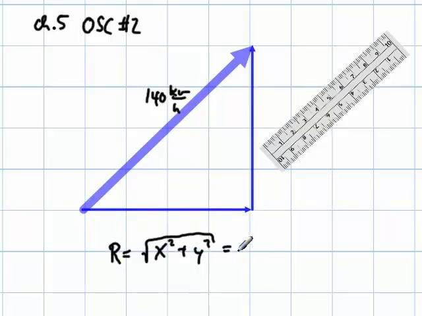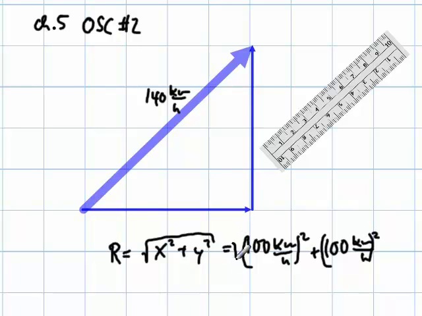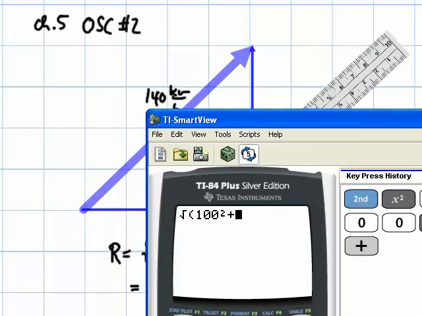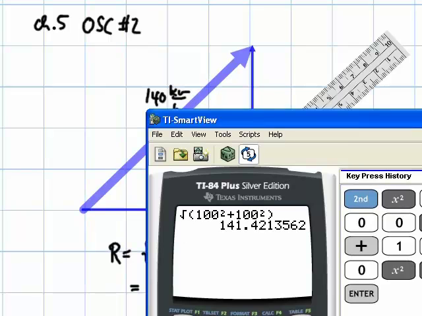So it's going to be 100 kilometers per hour squared plus 100 kilometers per hour squared, and then take the square root of that. And when I do that on the calculator, the square root of 100 squared plus 100 squared, enter, I get 141, well, that's what I measured as well, 140.